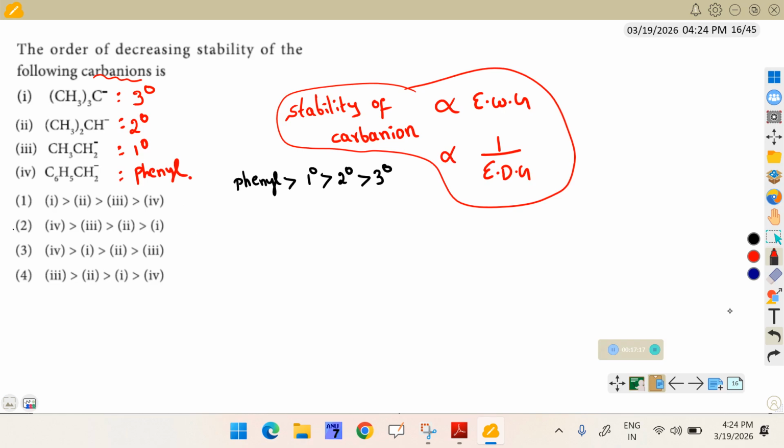The 3 degree carbanion contains 3 methyl groups. As already explained in the previous video, methyl groups act as electron donating groups. So here 3, 2, 1 and 0 electron donating groups. So the order of stability is 4 greater than 3 greater than 2 greater than 1.